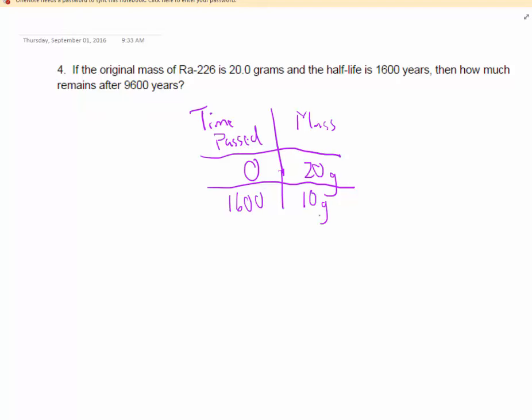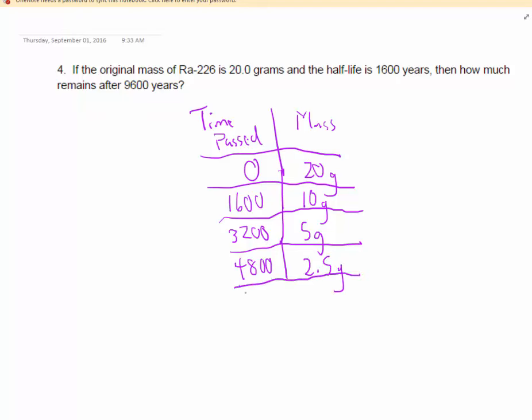So that means at 1600 years we would have half, or 10, and then another 1600 years go by, and that puts us at 3200 years that have gone by. And we cut in half again to 5 grams. Another 1600 years go by, and that puts us at 4800, and that leaves us with 2.5 grams remaining.